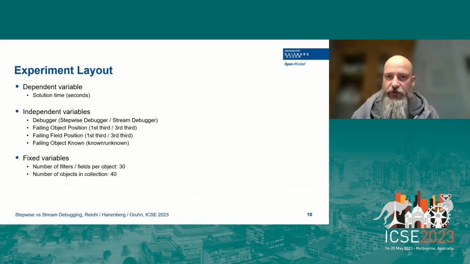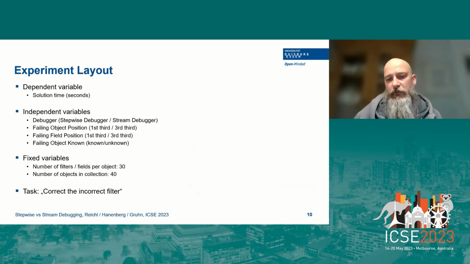The fixed variables in the experiment were the number of filters, which was always 30, and the number of objects in the collection, which was always 40. So developers were given a piece of code, a bunch of filters, and they had to correct the incorrect filter.